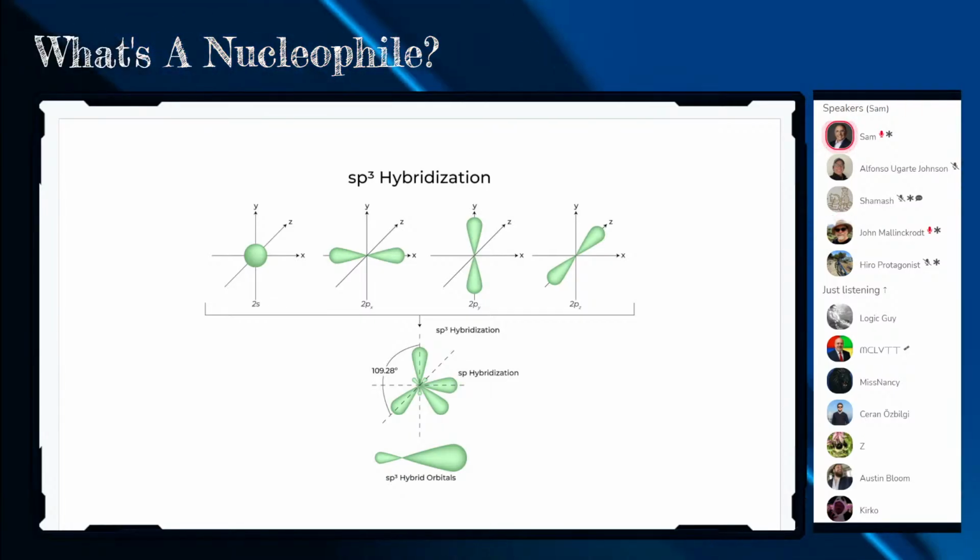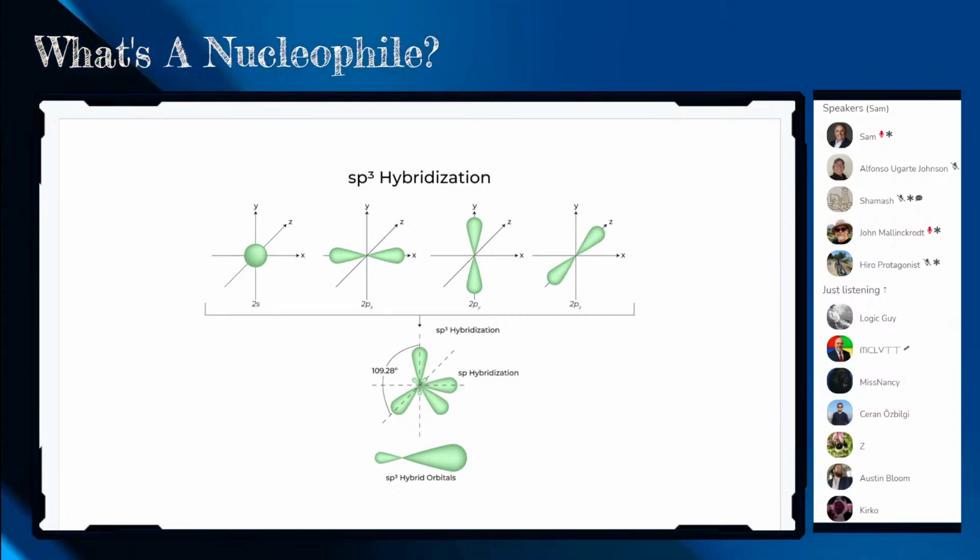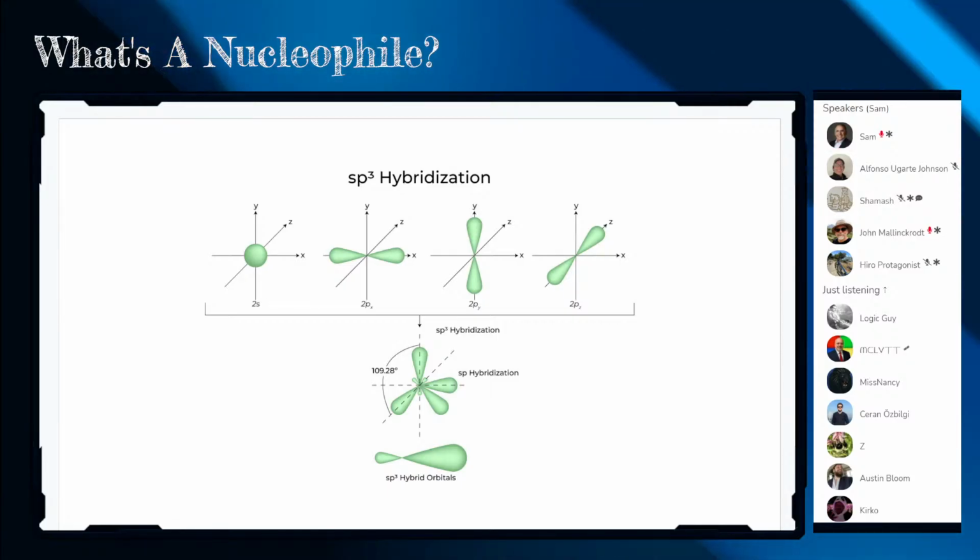So if you have three things in a line bonded to each other, the way they're as far away from each other as possible is in a straight line. The 1, 2, 3 atoms are all in a straight line.